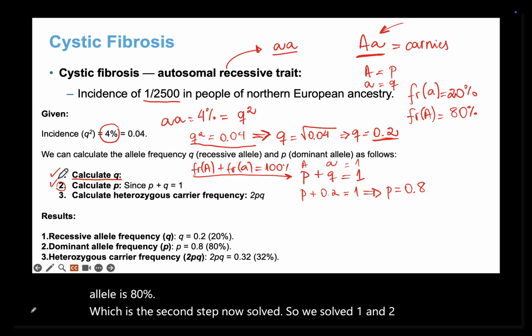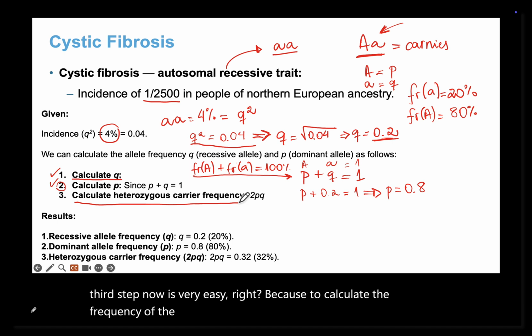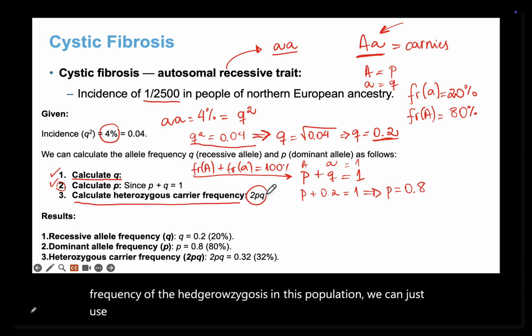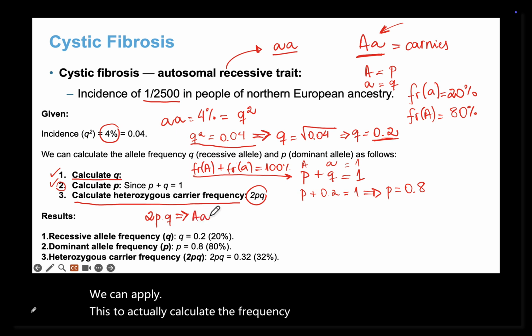The third step now is very easy, right? Because to calculate the frequency of the heterozygosis in this population, we can just use the Hardy-Weinberg law. So we can apply this to actually calculate the frequency of our heterozygous.